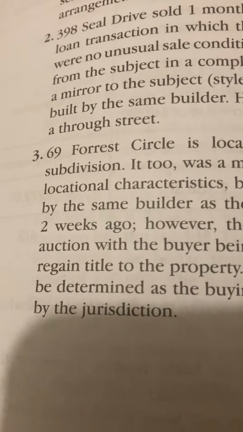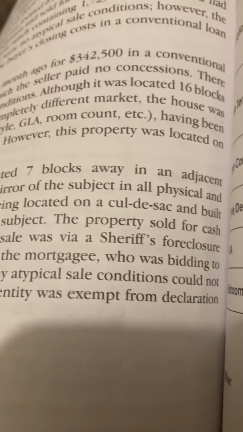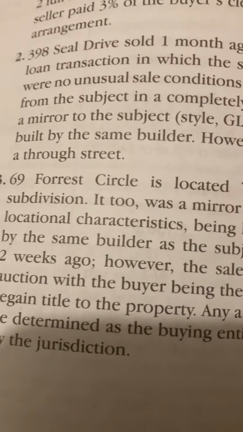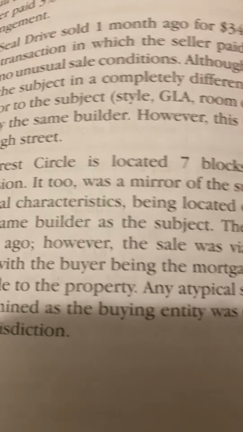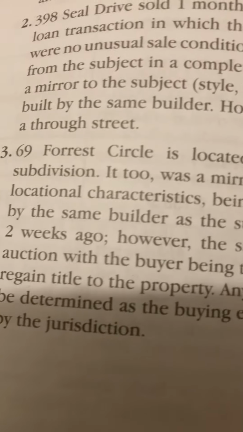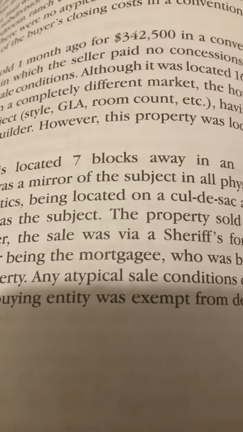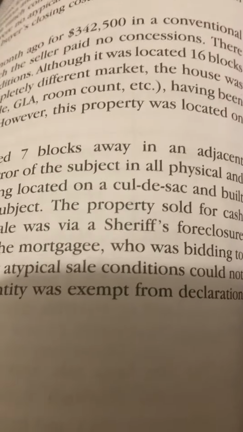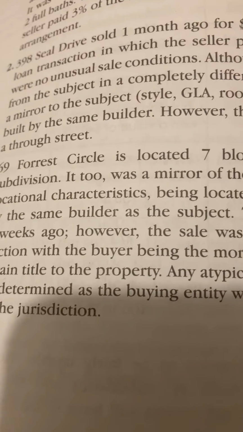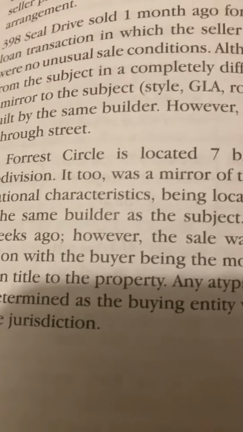And comp 3 was 69 Forest Circle, located 7 blocks away in an adjacent subdivision. It too was a mirror of the subject in all physical and locational characteristics, being located on a cul-de-sac and built by the same builder as the subject. The property sold for cash 2 weeks ago.